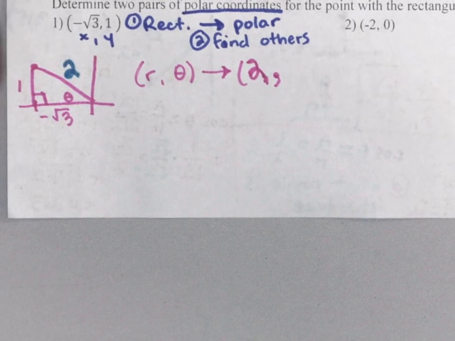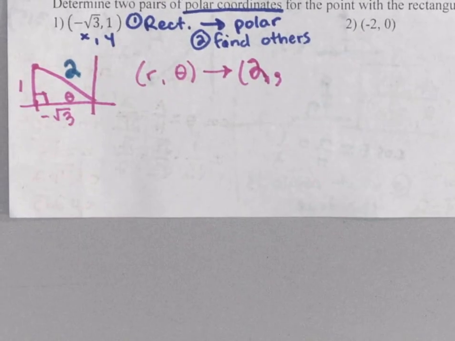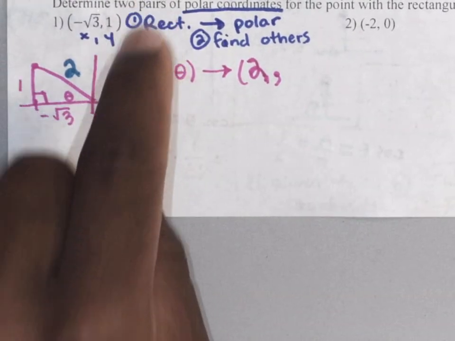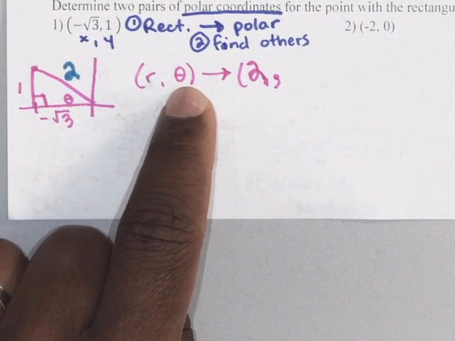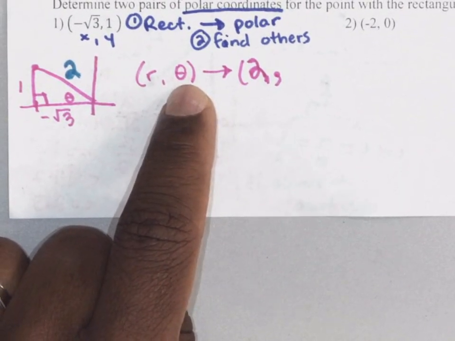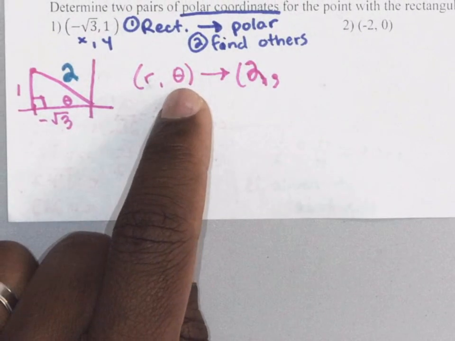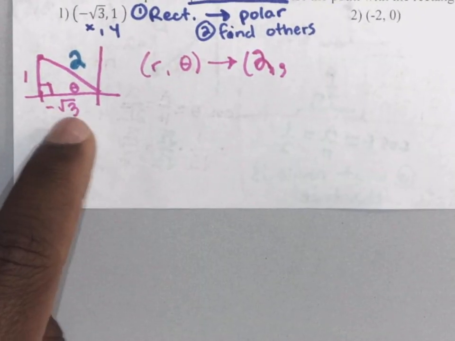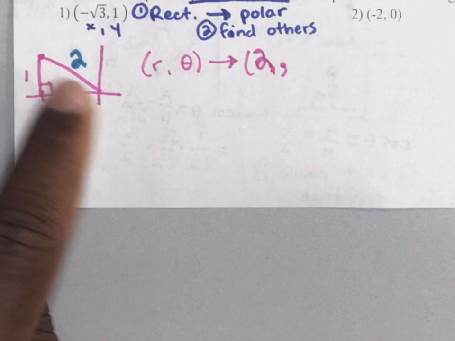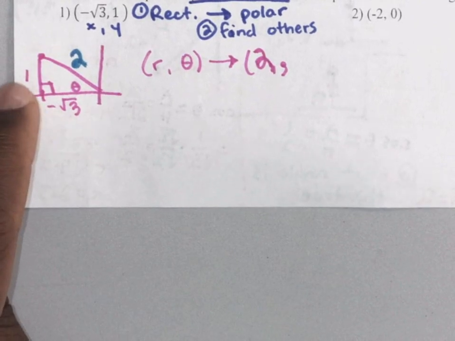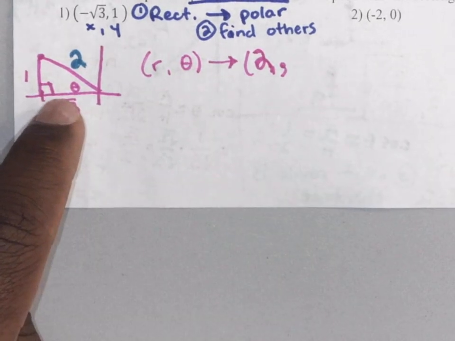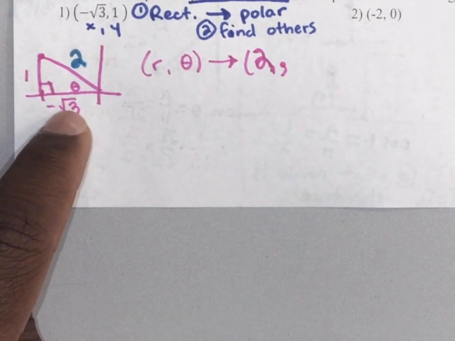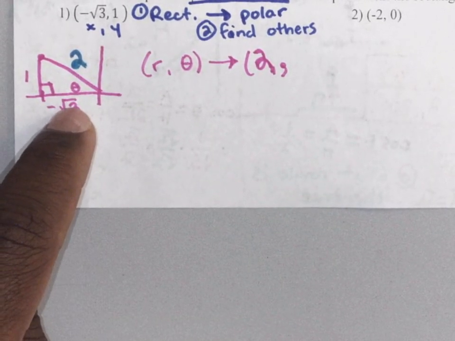Okay, what else do I need to find now? I got R. What else do I need? Theta, or you could say the angle. How am I going to figure out what angle this is in the second quadrant? I see 1, 2, root 3. I think it would be tangent?